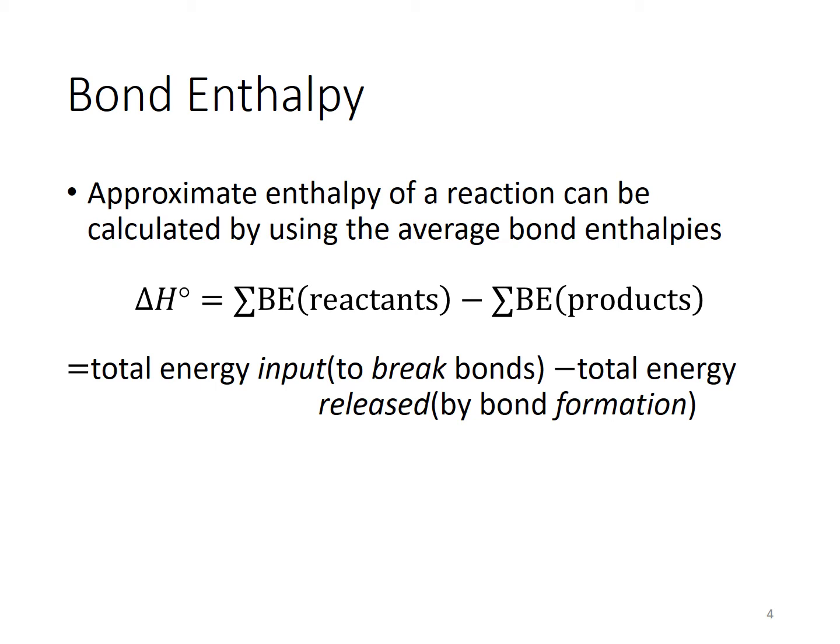So you can think of it like on the reactant side, we are breaking all of the bonds, and then reforming all of the bonds on the product side. The difference in those bond enthalpies should be the delta H for the reaction.